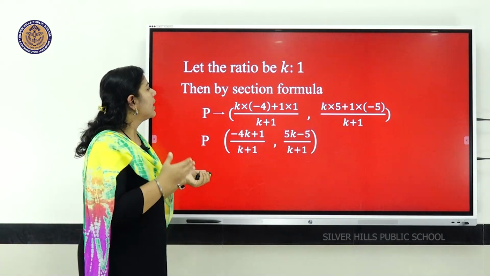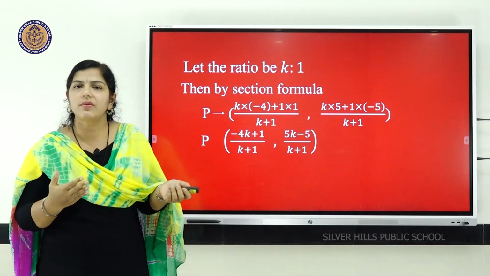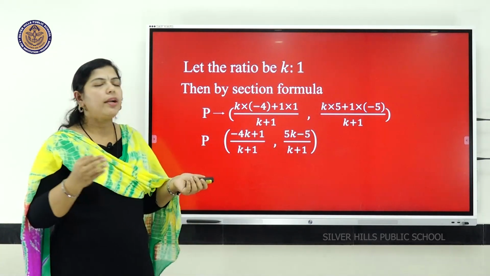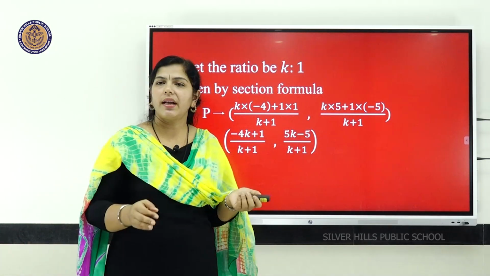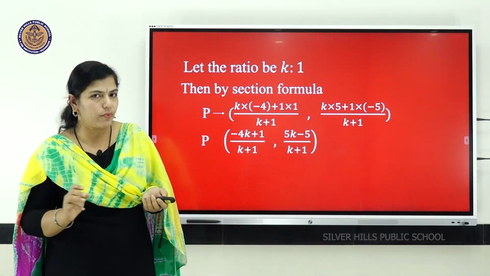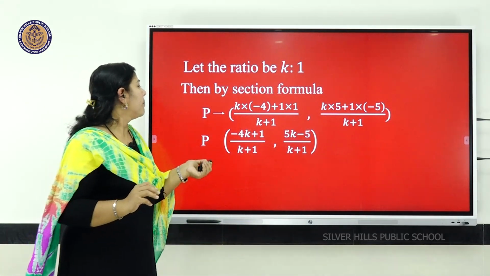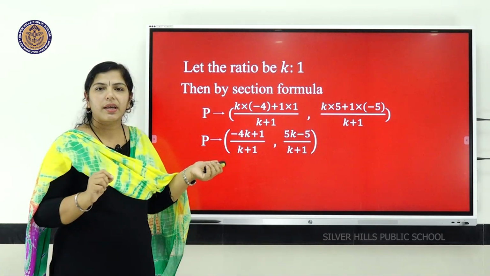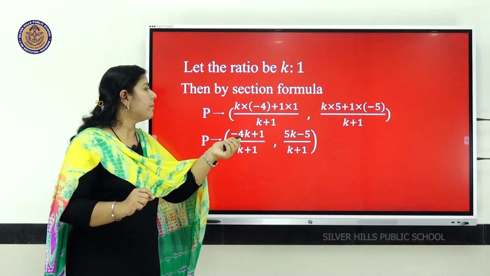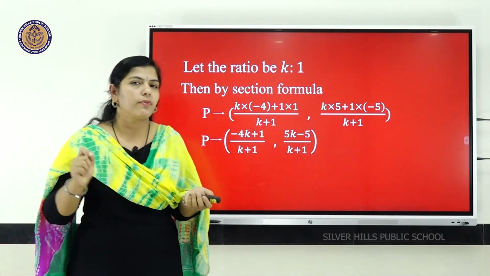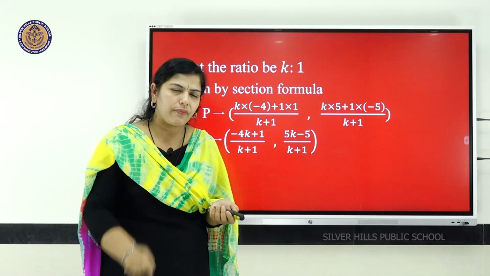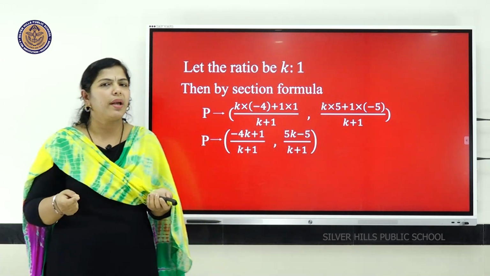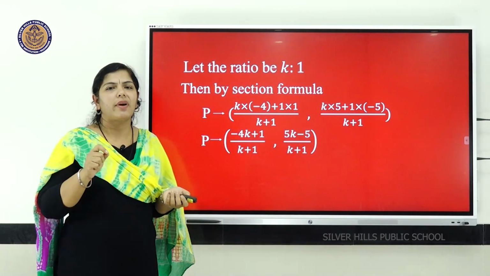So, it becomes (k into -4 plus 1 into 1) whole divided by (k plus 1), comma (k into 5 plus 1 into -5) whole divided by (k plus 1). That is, P is ((-4k + 1)/(k + 1), (5k - 5)/(k + 1)). While substituting, be careful, just silly mistakes usually students will make. So, be careful while substituting the values.